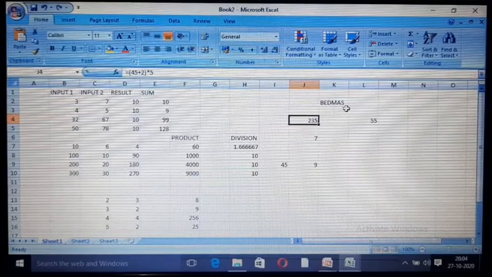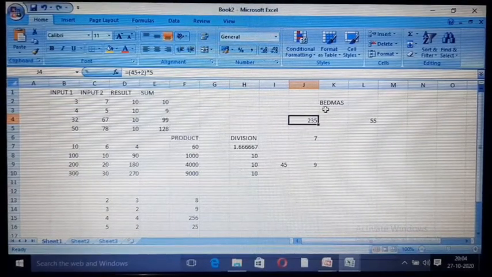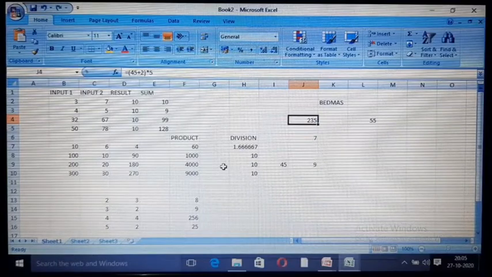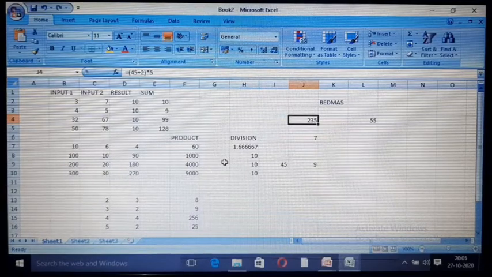Bracket, exponent, division, multiplication, addition and subtraction.